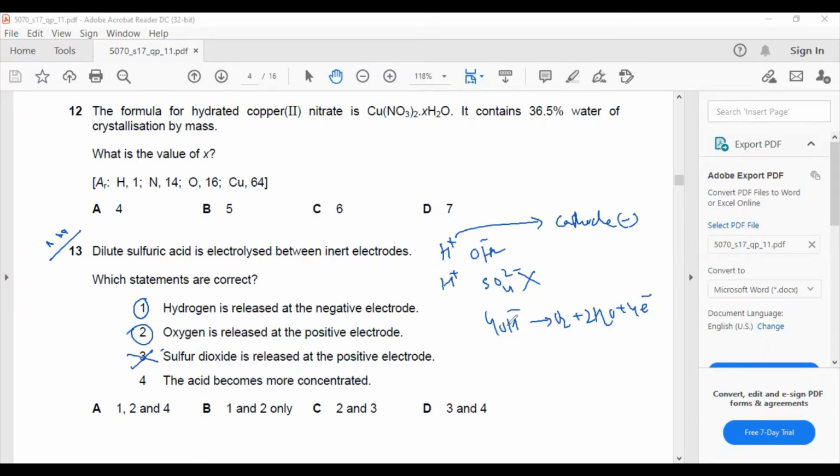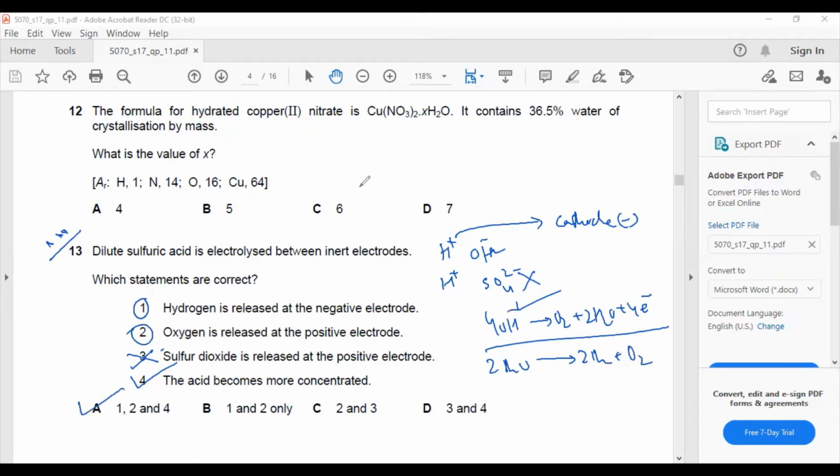Yes, because more OH ion is discharged, and H plus and OH ion are basically discharged from water. You should know the overall equation is this. So more water is produced as hydrogen and oxygen, and water is being removed. So that's also correct. Think about it this way also.